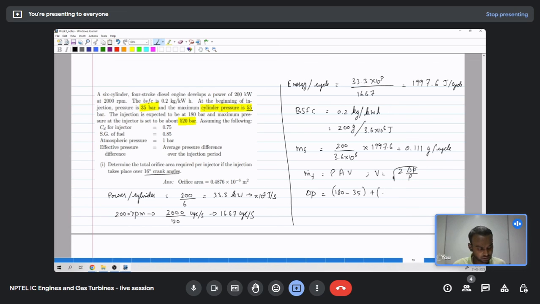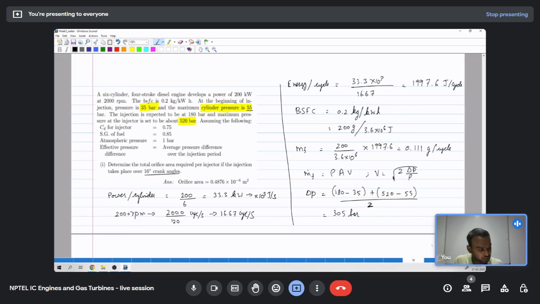During the end of the injection we have the pressure difference to be 520 bar minus 55 bar. We have been told that the effective pressure difference is the average pressure difference over the entire injection duration. So I'm just adding these two and dividing by 2 to get the average. So this would be the effective pressure difference. This is 305 bar.